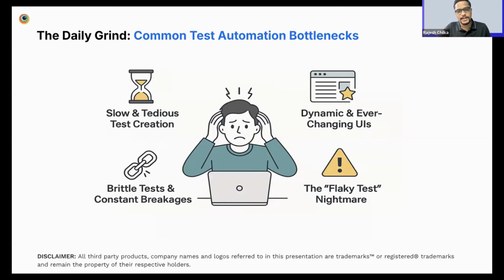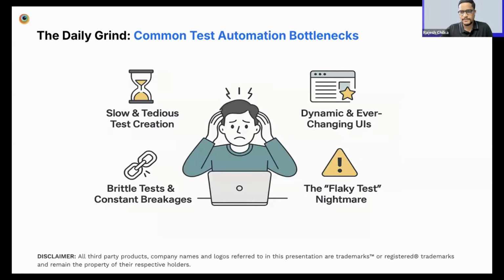Then there's the challenge of dynamic and ever-changing UIs. The applications are constantly changing, and UIs are getting tweaked. Trying to keep up with these changes in the UI, it becomes difficult to continuously modify your scripts to fix these tests, which directly leads to the next point, which is brittle tests and constant breakages.